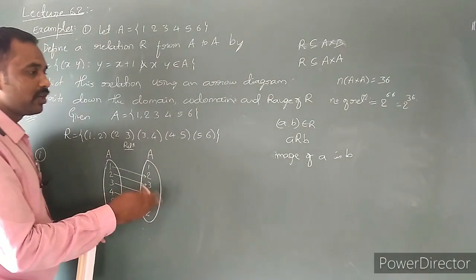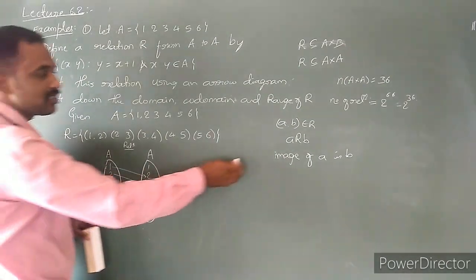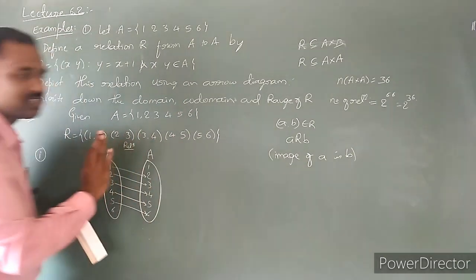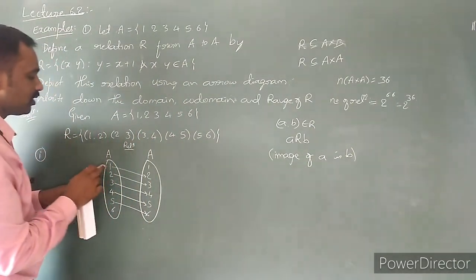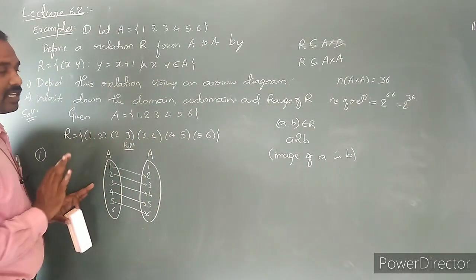Is that clear? You will learn more about images in functions; this much is enough, a basic idea is enough. So this is an arrow diagram.